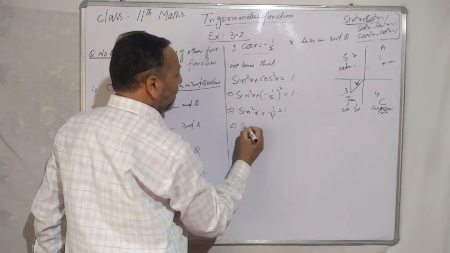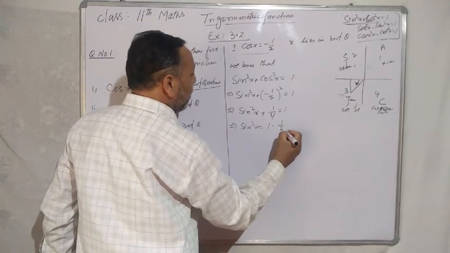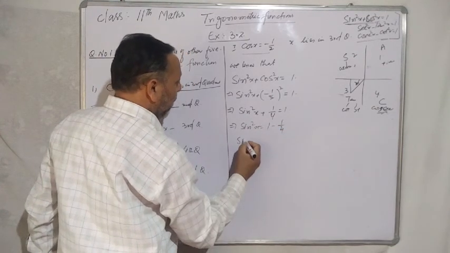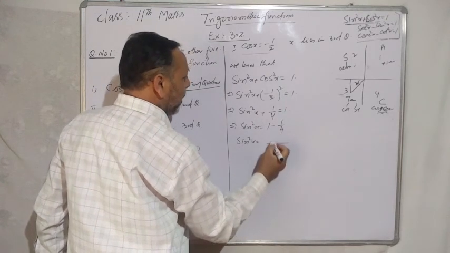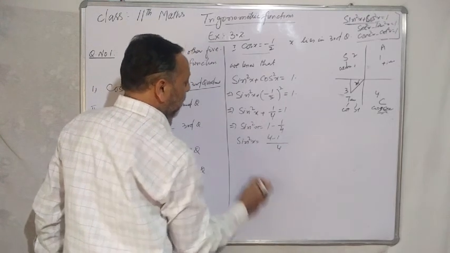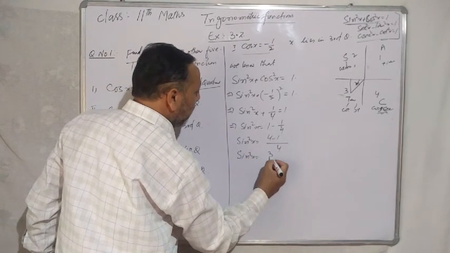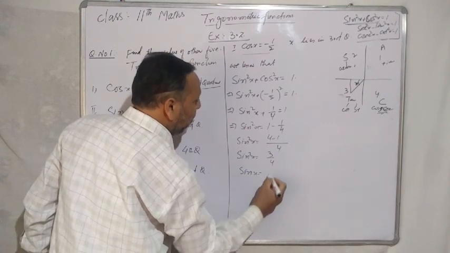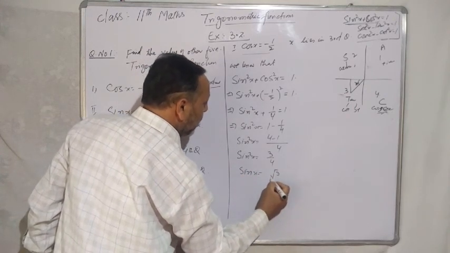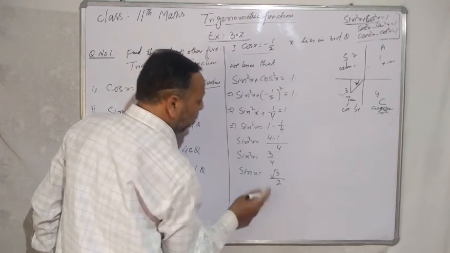It means that sine square x is equal to 1 minus 1 by 4. You take 4 as LCM here, it is 4 minus 1. It means sine square x is equal to 3 by 4. It means sine x is equal to root 3 by root 4. Root 4 means 2. Root 3 by 2.